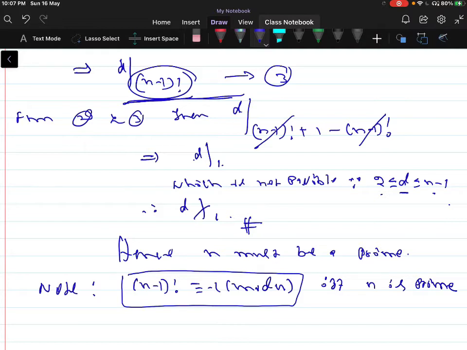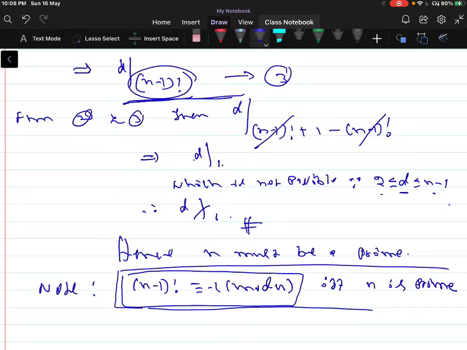So the converse of Wilson's theorem is: if (n minus 1) factorial is congruent to minus 1 modulo n, then n is a prime number. So we can restate Wilson's theorem: (n minus 1) factorial is congruent to minus 1 modulo n if and only if n is a prime.